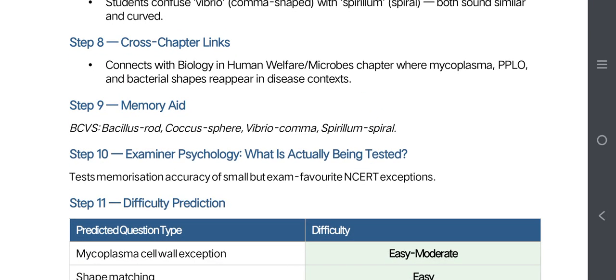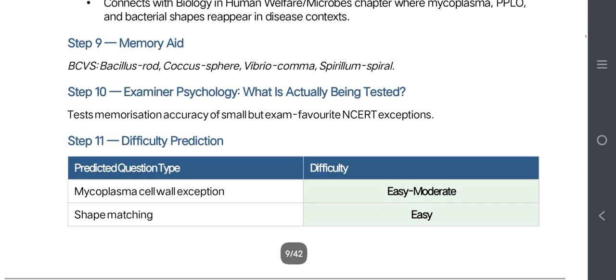Another one is cross-chapter links. It will connect with the biology, human welfare and microbes chapter, where mycoplasma, PPLO, and bacterial shape reappear in this context. Memory aid: PCBS.